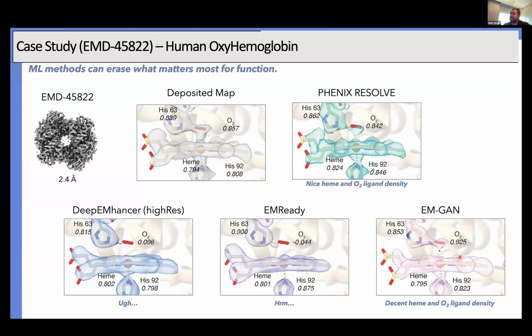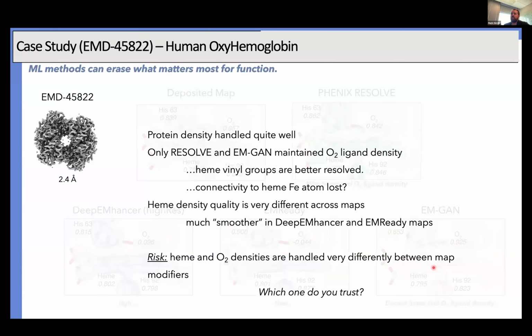Now, EM GAN, similar to Phoenix Resolve and the deposited map, has good oxygen density, but it loses the connectivity to the heme iron, and then it maintains it to the proximal histidine ligand while improving the quality of the heme density. And so what we saw again is the protein density behaved quite well in these tests.